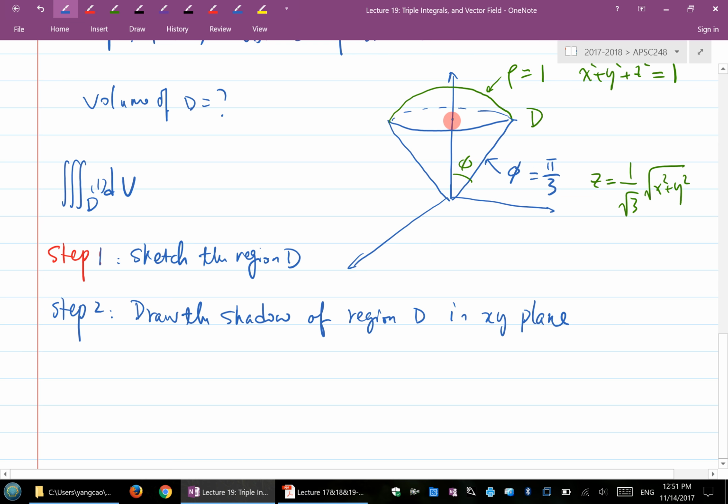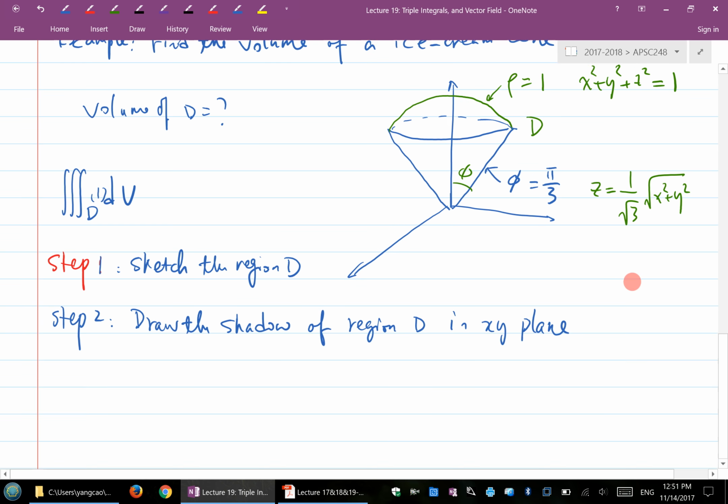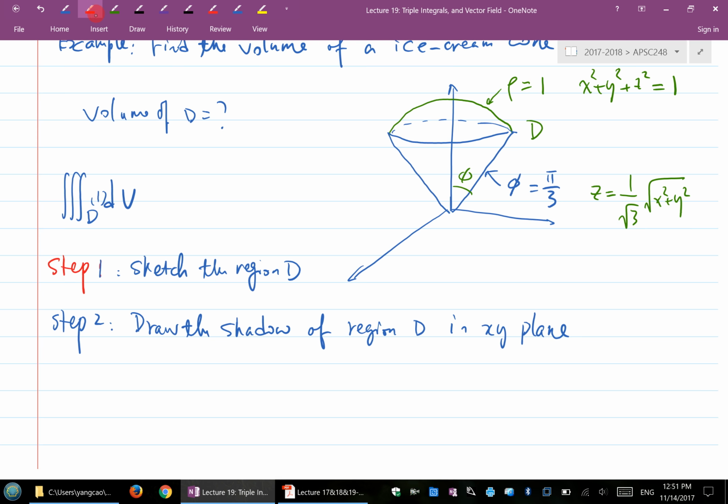So in this case, we're going to draw the shadow. That's pretty obvious, because the projection of this cone into the XY plane gives you a circle here, which has this top edge here. So that's the circle.